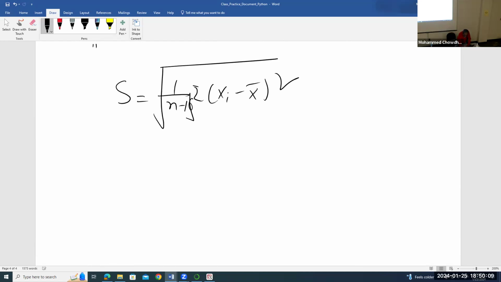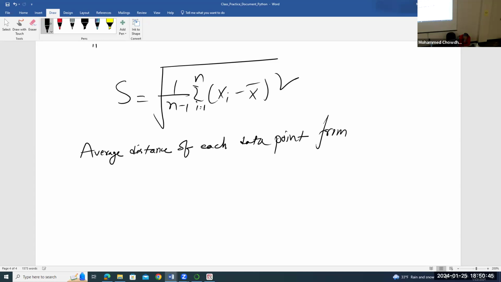The average distance of each data point from its average is called SD.